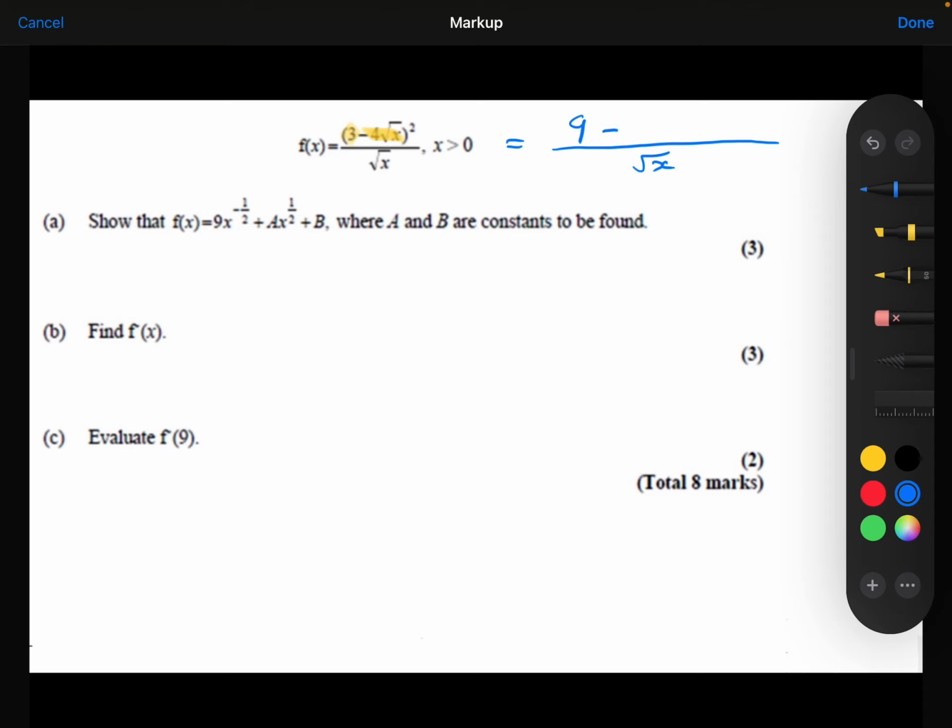But then we're going to have 2 of those, so it's going to be minus 24 root x. And then finally we're going to have the minus 4 root x squared. So the minus 4 squared is going to be 16, and the root x squared is going to just be x.